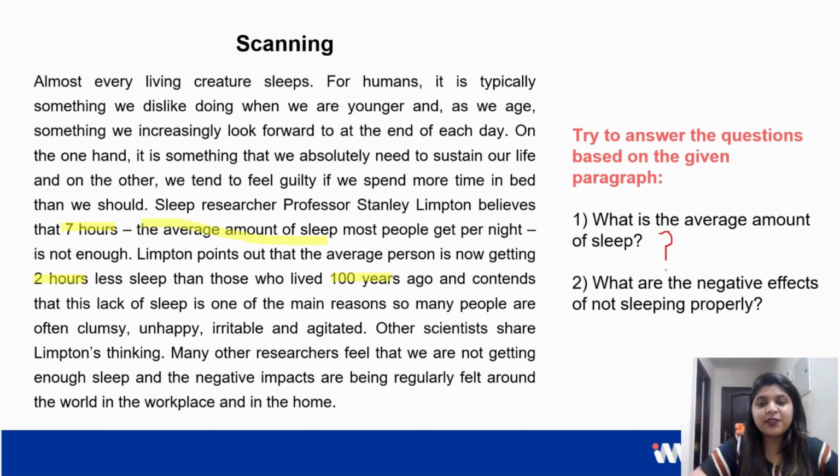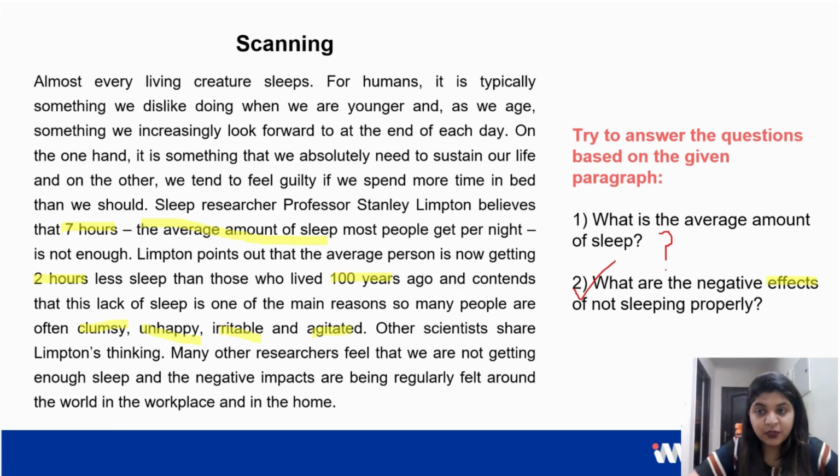Now move on to the second question. The second question is, what are the negative effects of not sleeping properly? So I need to look for the effects, negative effects. So let us scan the content quickly. Yes, here: clumsy, unhappy, irritable, agitated.